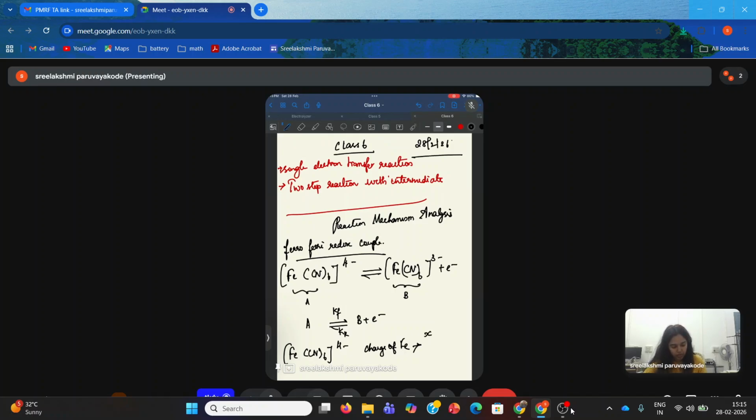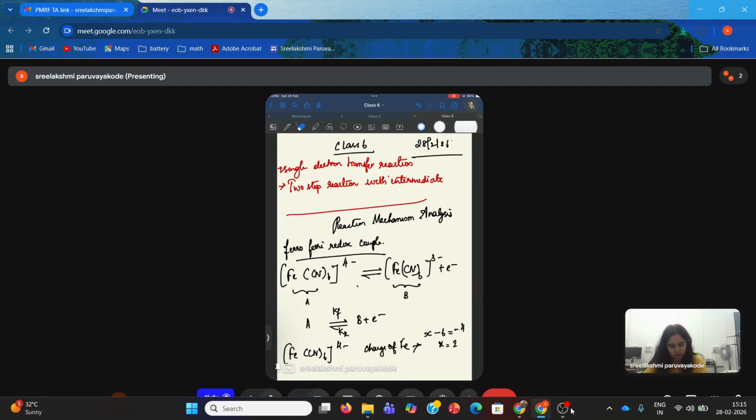Taking x as the charge of iron, x minus 6, because it is Fe(CN)6 with each cyanide being minus 1, so minus 1 into 6, equals the total charge of minus 4. So Fe equals 2, the charge is 2 plus.